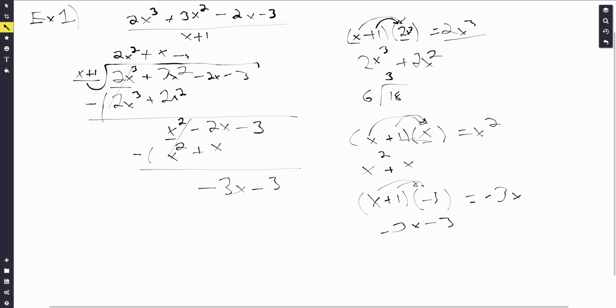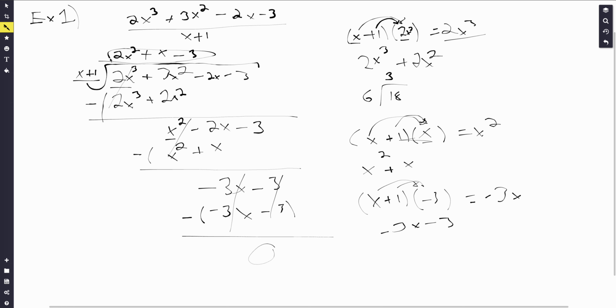So just subtract 3 right here, and then minus negative 3x minus 3. Well, a minus and minus becomes plus, so negative 3x plus 3x, those cancel out, and same thing here, so we're left with 0. So that means our answer for this problem we have up here is 2x squared plus x minus 3.